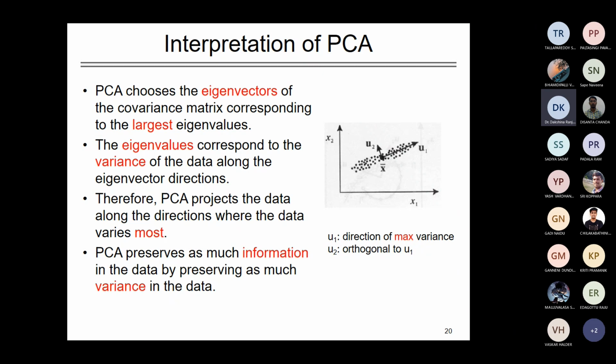So this straight line is nothing but the best fit line, and sometimes this line is found along the direction of the eigenvectors or along the direction of the principal component where the data varies most.